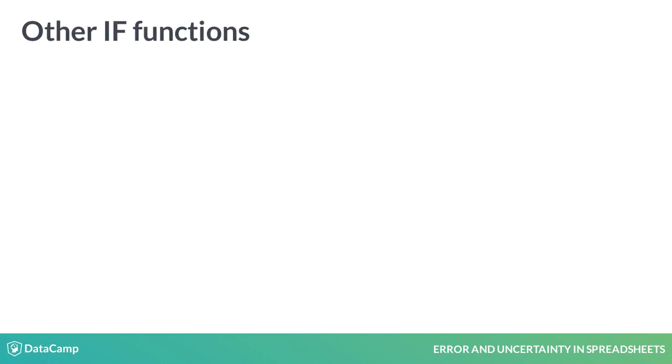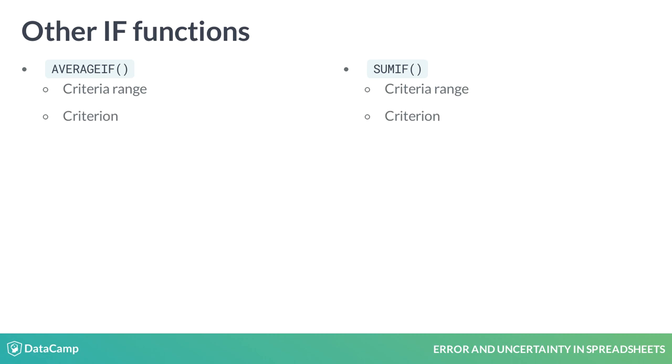We can also use the AverageIf and SumIf functions to compute group-wise summary statistics. These functions take 3 arguments instead of the 2 required by Countifs. They require a criteria range, a criterion, and a range to which they apply the function.